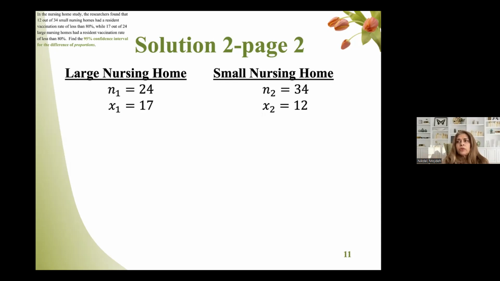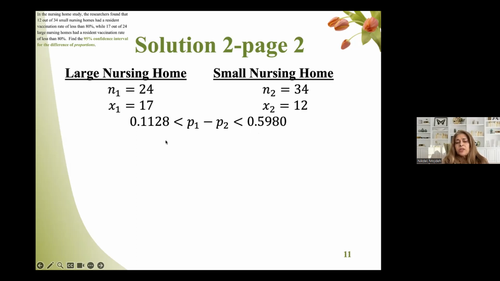I went to stat, test, 2-PropZInt, and I just changed my numbers, and I end up with correct numbers. So basically, what happened before is that I had the small nursing home as group 1.